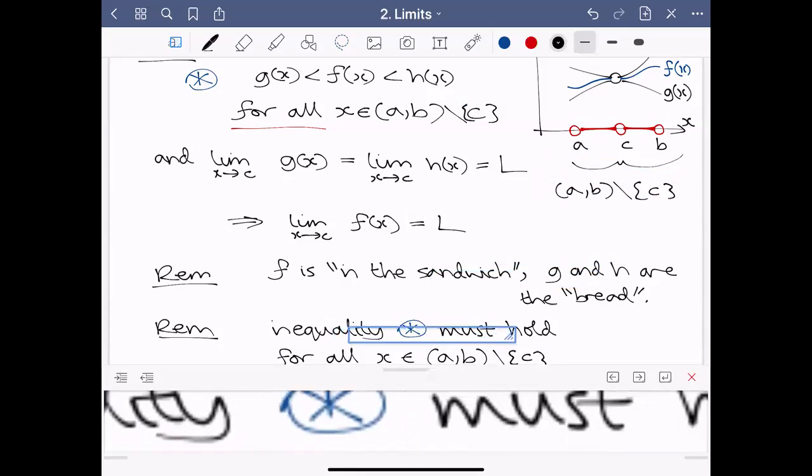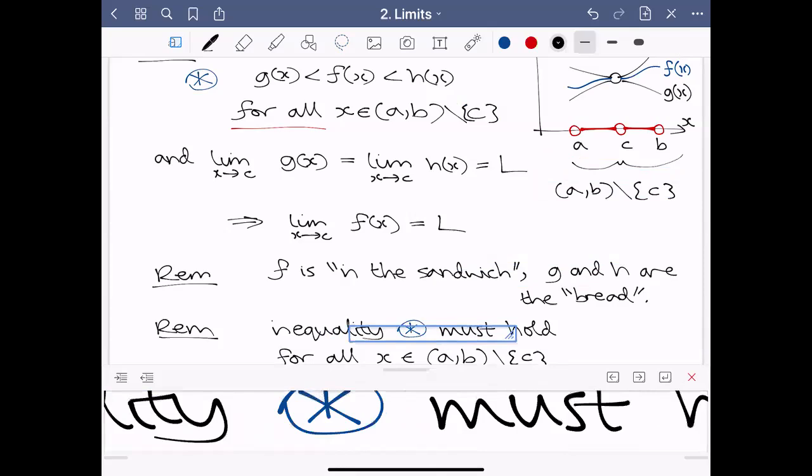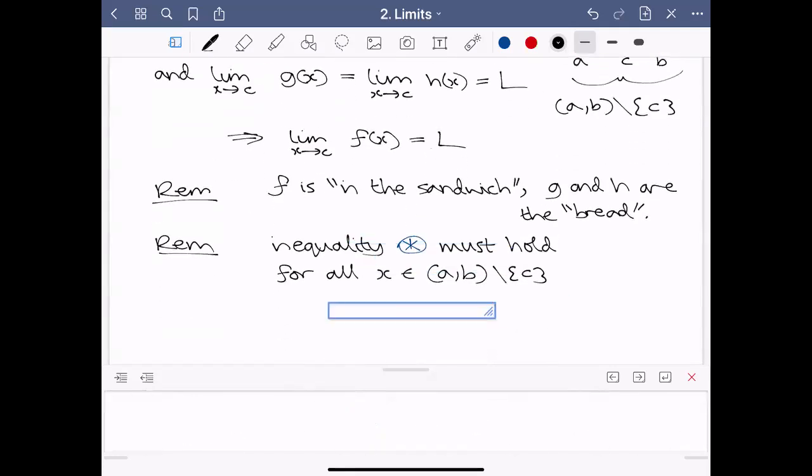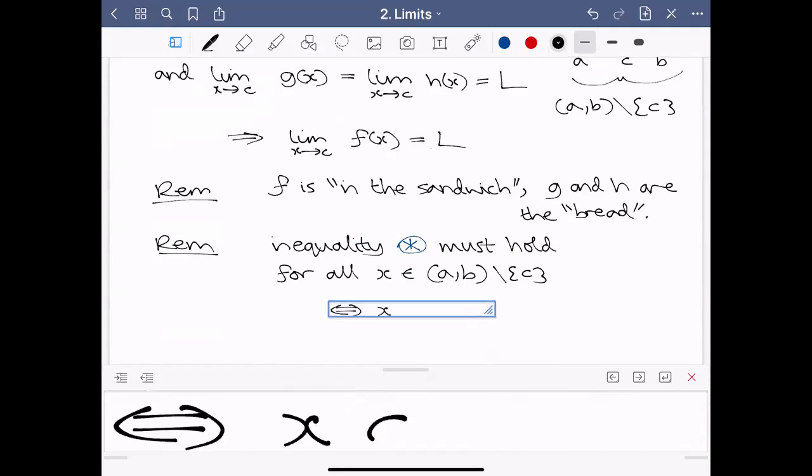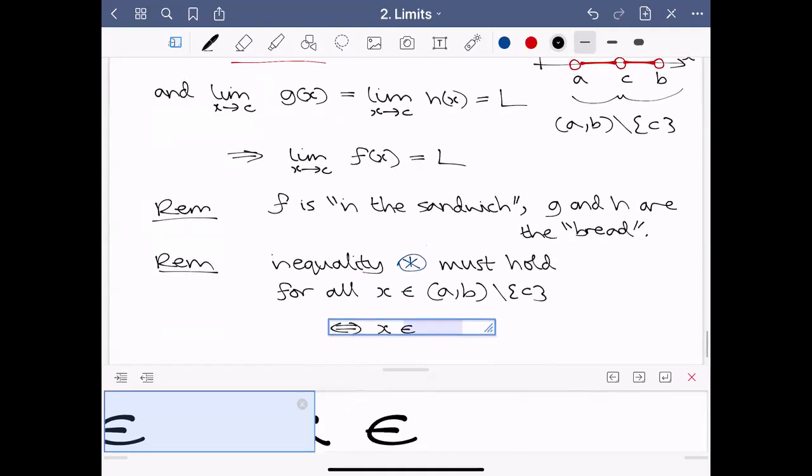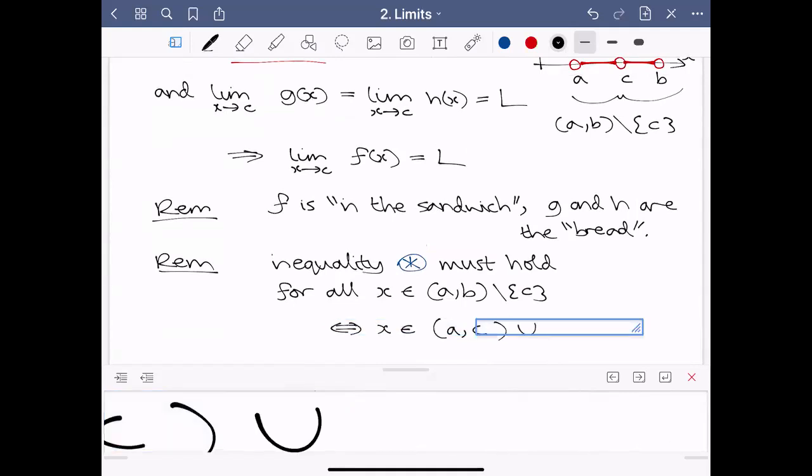So just so it's clear, this x in (a, b) take away c is the same as, well, there are different ways to write it. It's the same as x in (a, c) union (c, b).